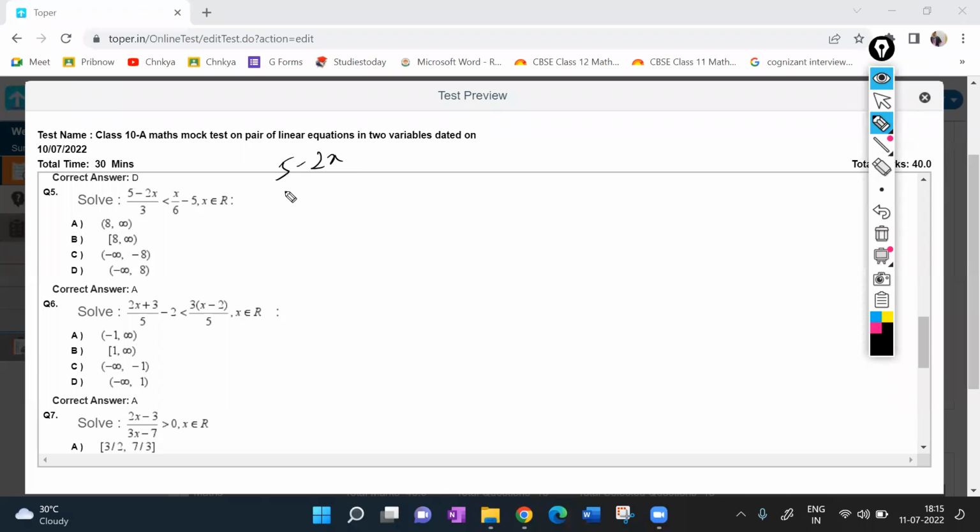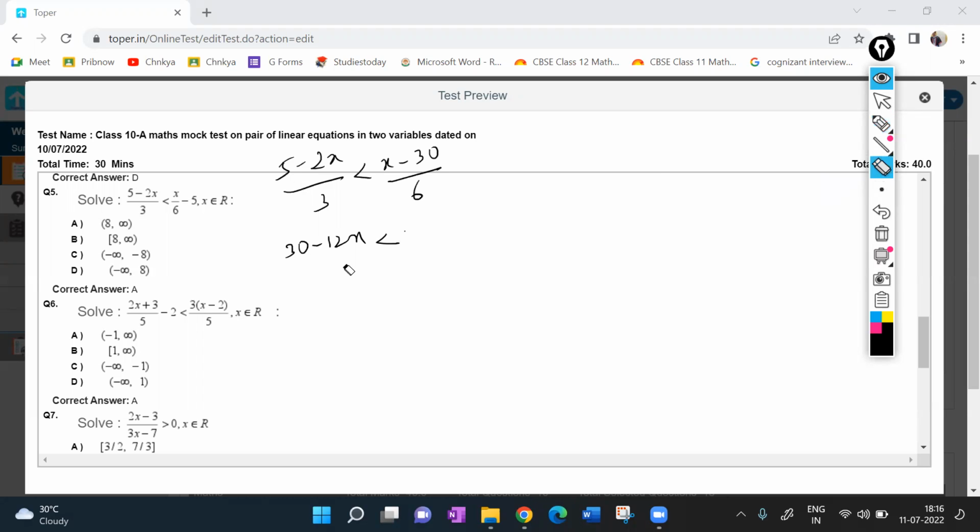5 minus 2x by 3 less than x minus 30 by 6, correct? Is it clear? So 6 times 5 is 30 minus 12x less than... or else you simply do this.